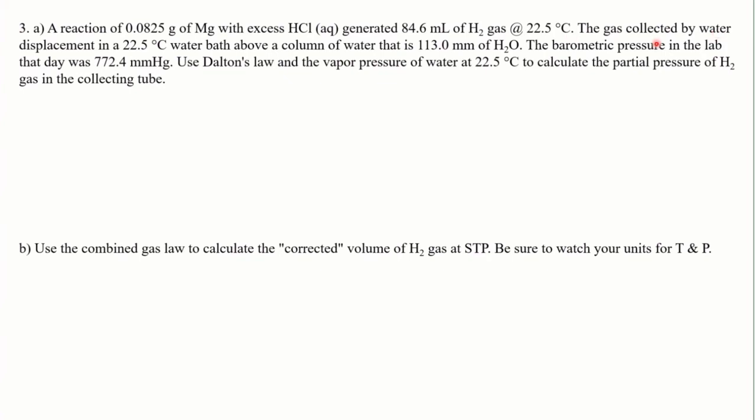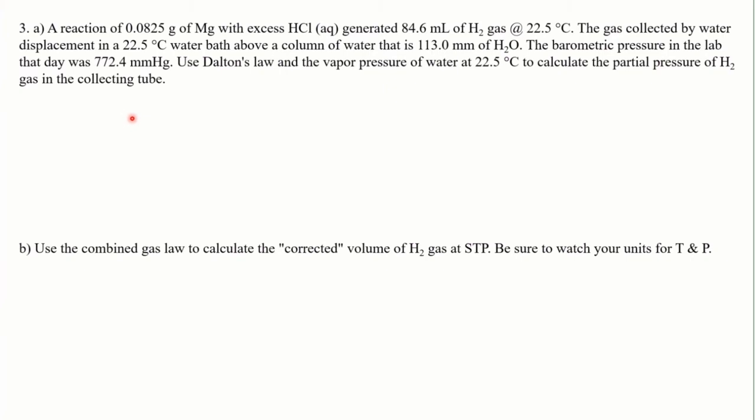The gas collected by water displacement in a 22.5 degree water bath above a column of water that is 113.0 millimeters of water. The barometric pressure in the lab that day was 772.4 millimeters of mercury. Use Dalton's law and the vapor pressure of water at 22.5 degrees Celsius to calculate the partial pressure of hydrogen gas in the collecting tube.